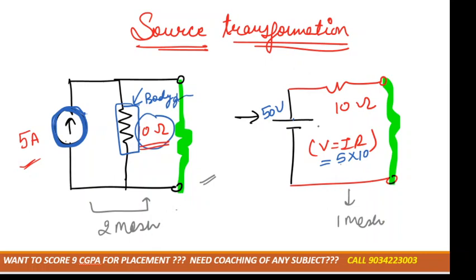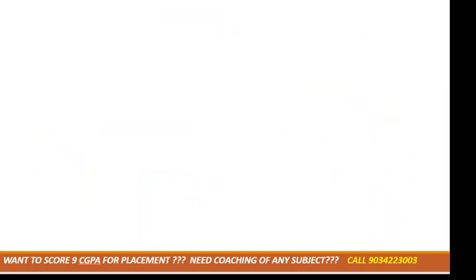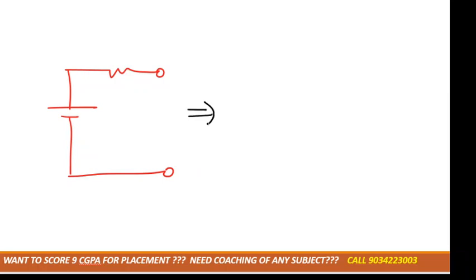Obviously, in that case you can't kill your enemy, but in this case you kill your enemy and replace it. Now similarly, we can convert the voltage source into the current source. For this, what is the condition? With the voltage source, the resistance must be connected in series. Suppose this is 50 volt and this is 10 ohm. Both must be connected in series only.